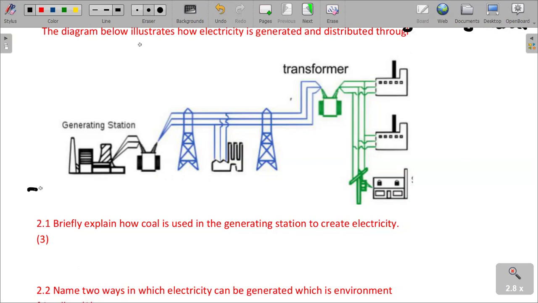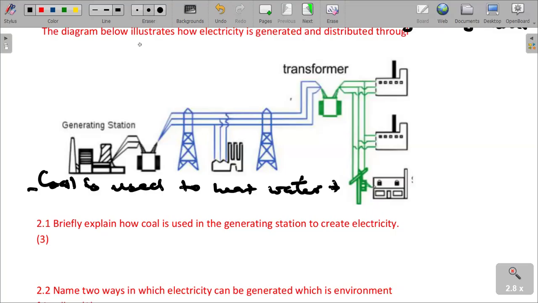Coal is used to heat water, to form steam. And then what happens?